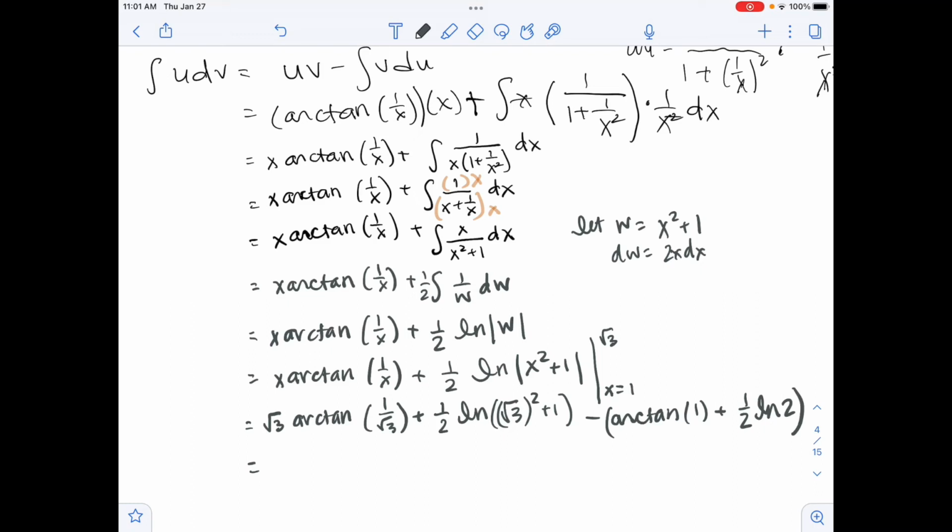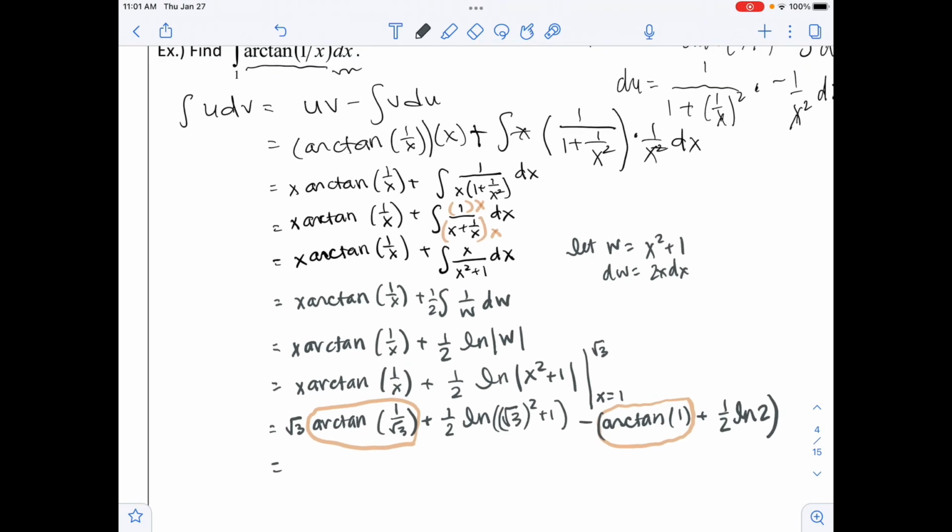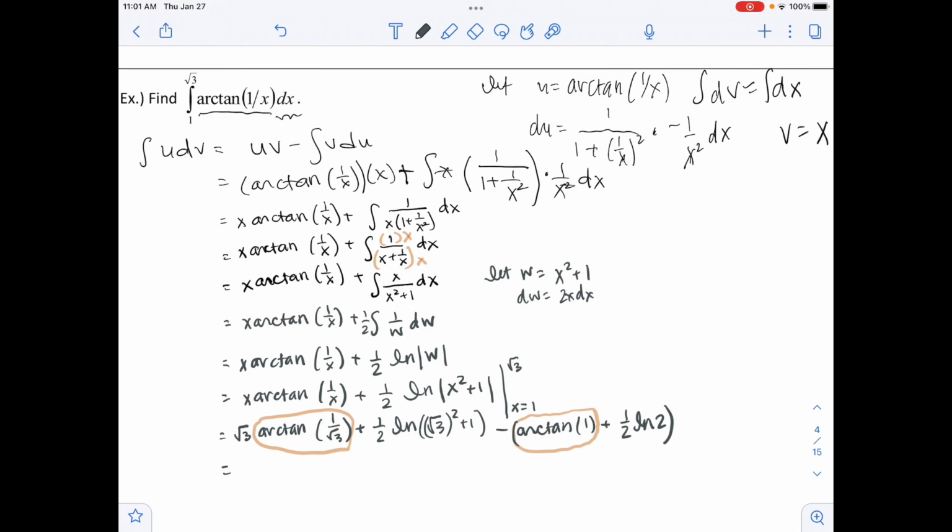So from here we need to evaluate this. First thing is we have arctangent of 1 over rad 3, and then also arctangent of 1. And so to think about these, we know that dealing with arctangent, we have to think about our tangent and the inverse of that. So I'm going to go ahead and write it as tangent inverse of 1 over the square root of 3 for that first one that we have is equal to, and I'm just going to call it y.